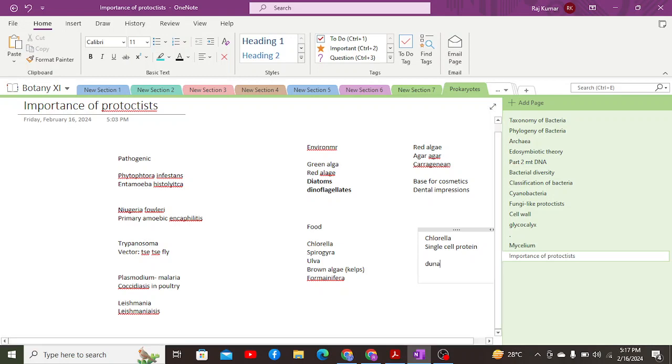which is known as Dunaliella salina, which is utilized in biotechnology because it contains beta carotene. Beta carotene is a red-orange carotenoid which is utilized to make colorful margarine.